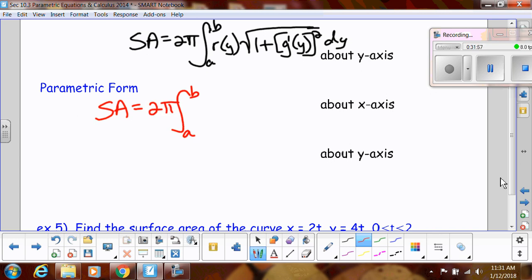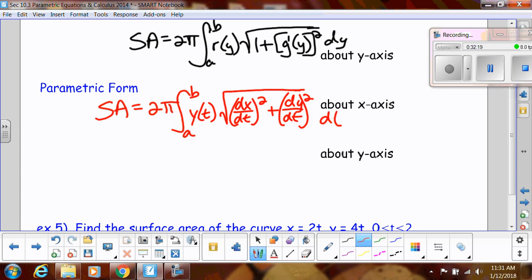It's just I'm going to have my radius according to the x-axis be my y coordinate, right? So that would be y of t. And then I would have my arc length formula. Remember we said that's dx dt squared plus dy dt squared. That's just our distance formula.